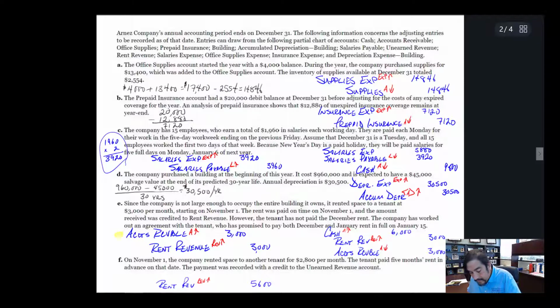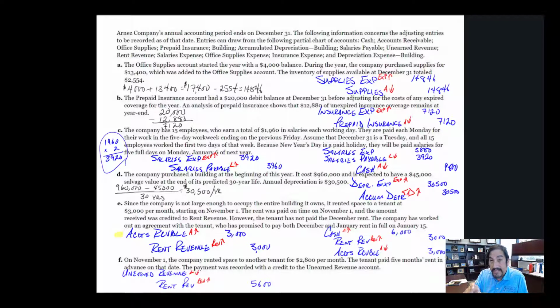And I am going to debit the unearned revenue account. Unearned revenue account is a liability. I am decreasing that liability. That's why I'm debiting it. We have earned some of that liability.